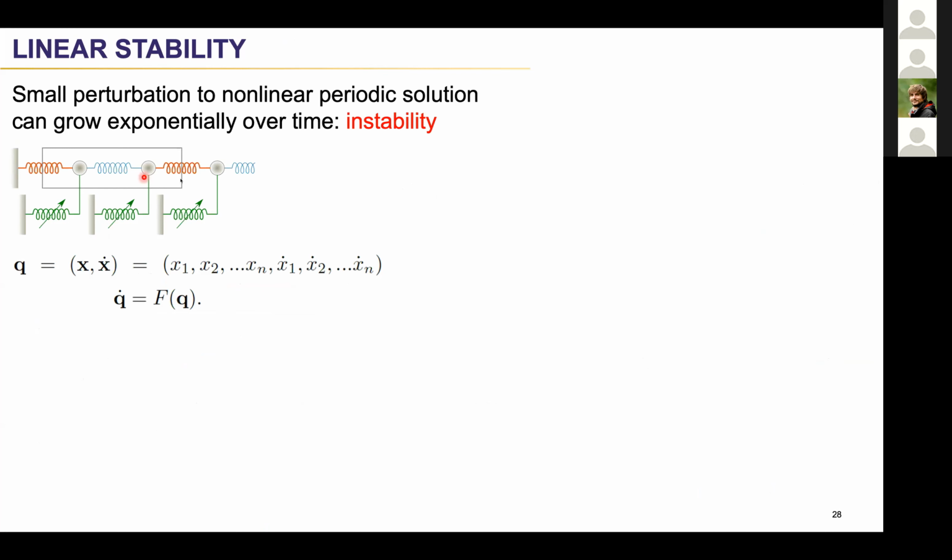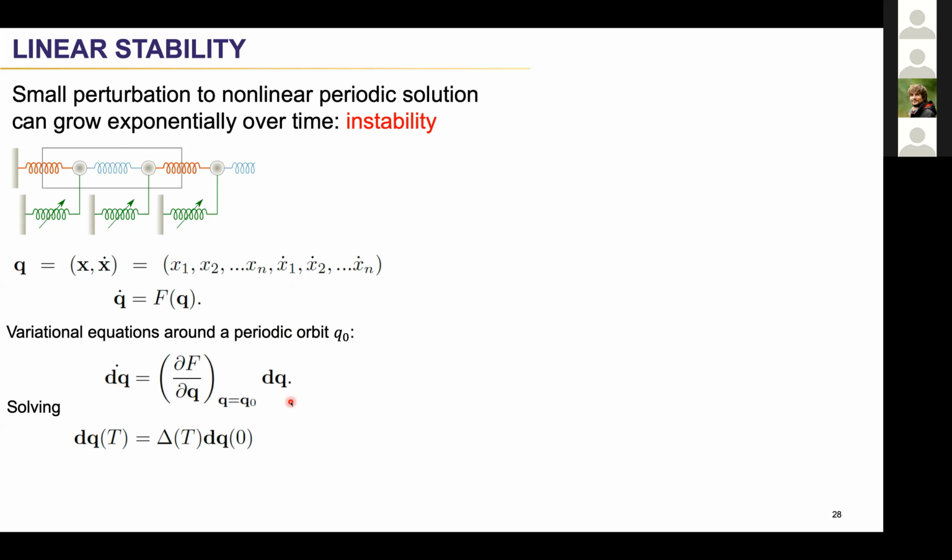We take the same chain, and we can write all the displacements and velocities and construct one first order differential equation. Then we can write a variational equation around a periodic orbit. If the nonlinear solution we are talking about is Q0, we give it an initial perturbation dq and see how dq changes over time.